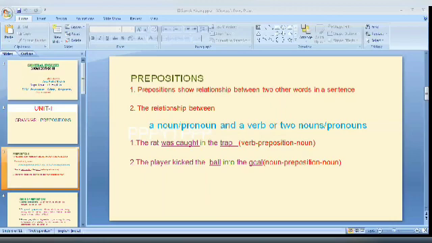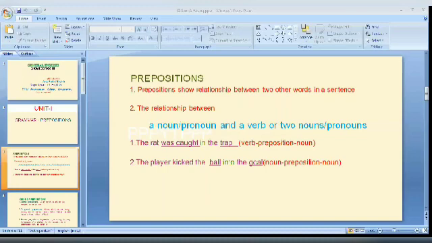So what is the relationship between ball and goal in the sentence? The player, there is a player, a football player, and what did he do? He kicked what? A ball. Where he kicked the ball? Goal. But what is the relationship between the ball and the goal?